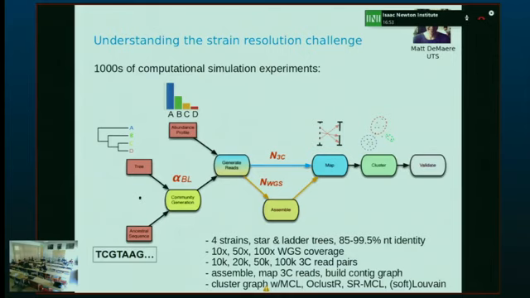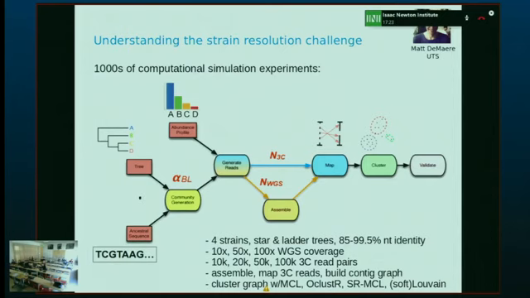The way this works is basically to start with a defined phylogeny, which has just 4 tips. They're all closely related. They're meant to be strains of the same species. We use a forward time simulation of genome evolution to arrive at a collection of genomes that are between 85 and 99.5% nucleotide identity. We then mix these at different abundances into a community and simulate genome sequencing of them.